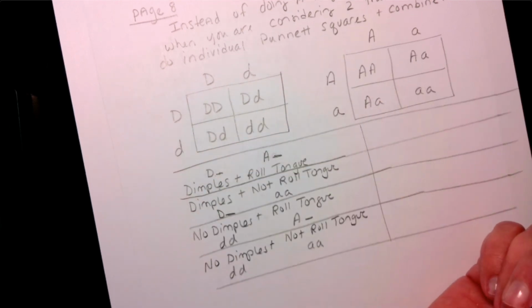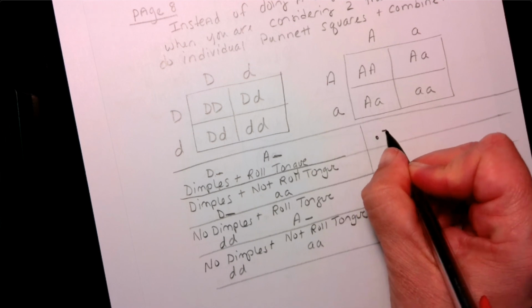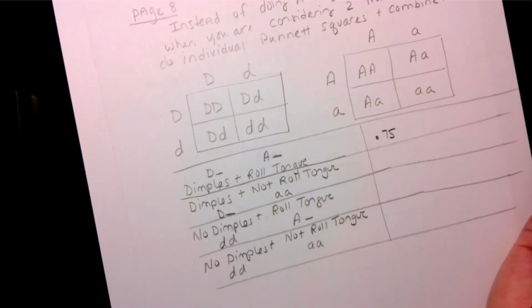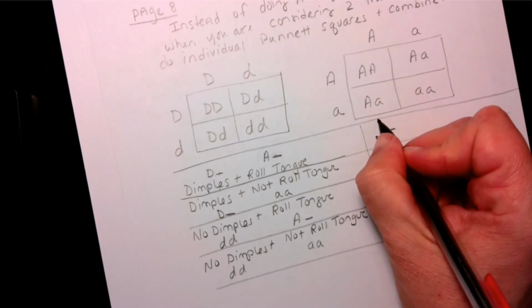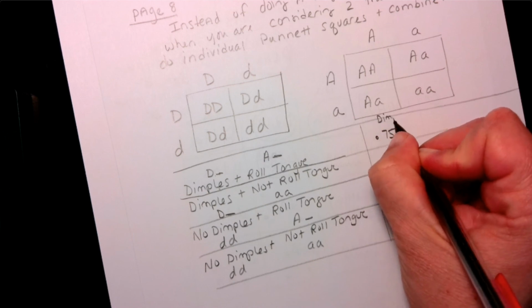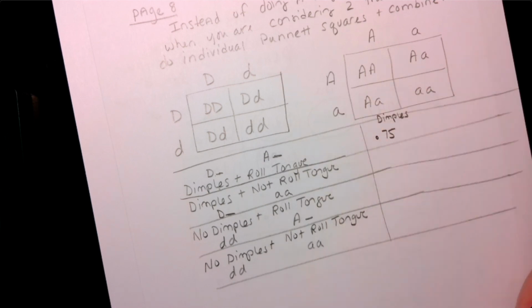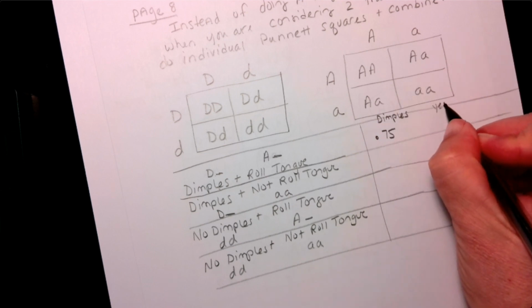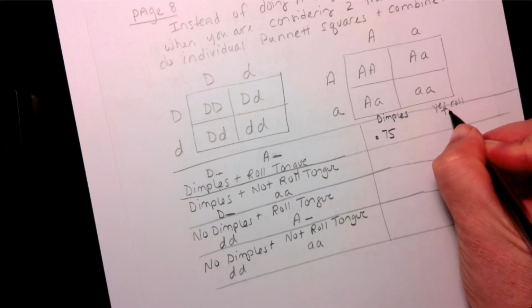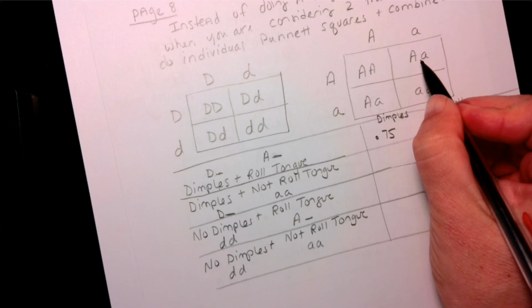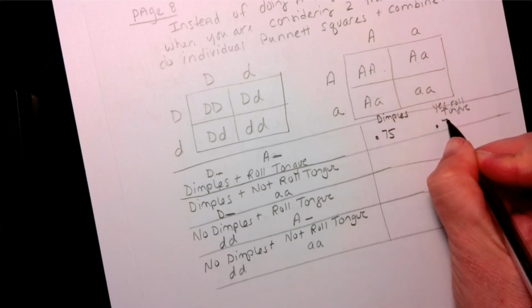I'm going to write down 0.75 because 3 out of 4 have that. So to have dimples is 0.75. How about having at least one big A to roll your tongue? Yes, roll tongue. We see that 3 boxes also have that.